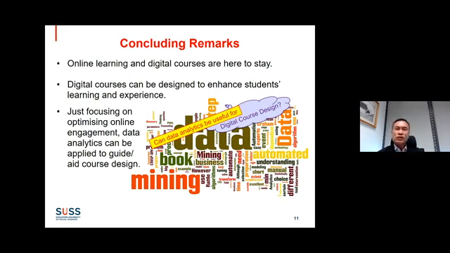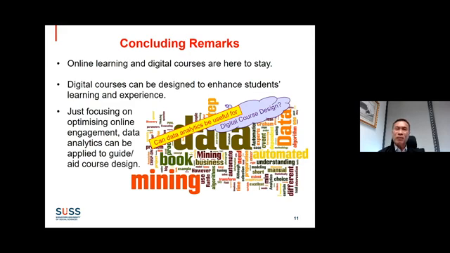But there's also an approach which is more data-driven and evidence-based. Can we actually look at data to help us decide what kind of course design will lead to what kind of learner engagement? And based on the learner engagement that we desire, how shall we design our digital courses? How do we present our courses online, virtually?